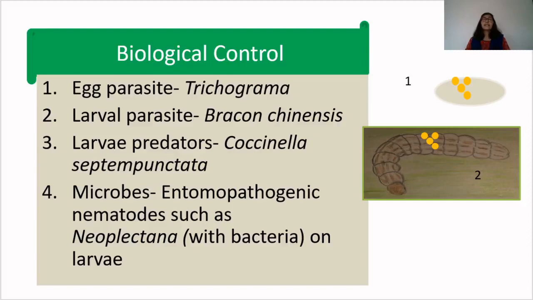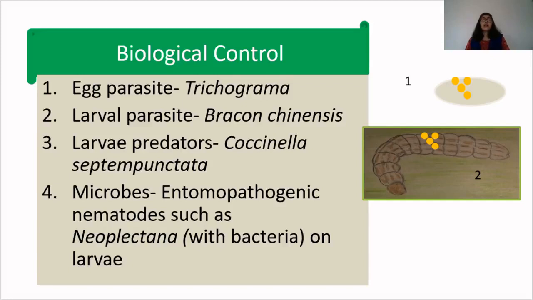Then there are certain larval predators. For example, Coccinella septempunctata. This is a predator of the larvae of jawar stem borer and feeds on them.